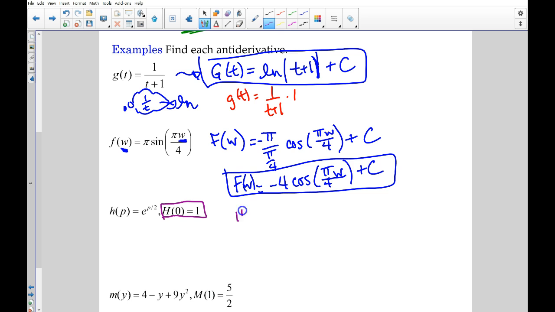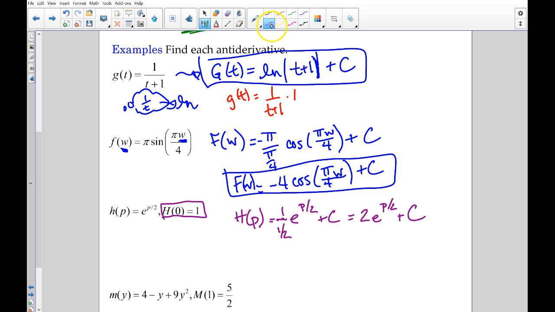If I want to find the antiderivative, it's going to be e to the same power divided by the derivative of the power, or divided by 1/2. I'm going to include the constant for now. We'll find its value in just a minute. So this is 2e to the p over 2 plus c.